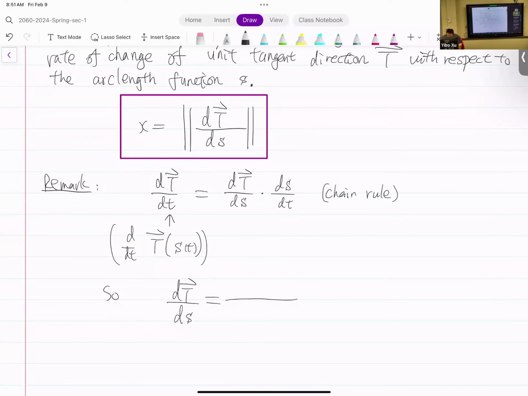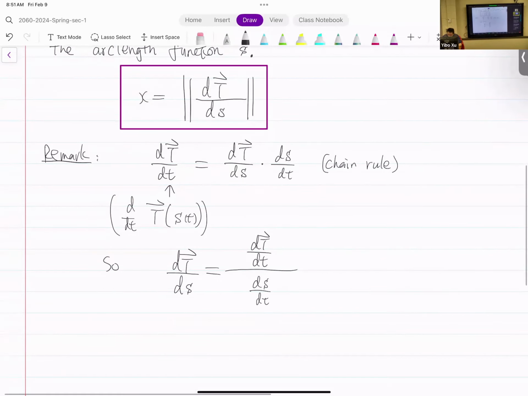So here we're just dividing both sides by ds/dt. If you recall, the top, of course, is the rate of change of the unit tangent direction. But the bottom is what?